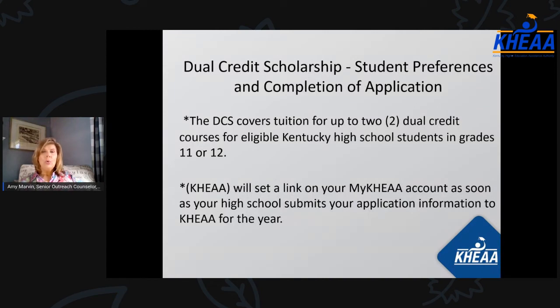Now, let's talk about the dual credit scholarship and setting your preferences. So what you're going to do after you create your username and password, you're simply going to click on Set Your Preferences.